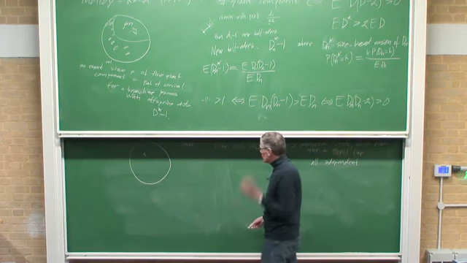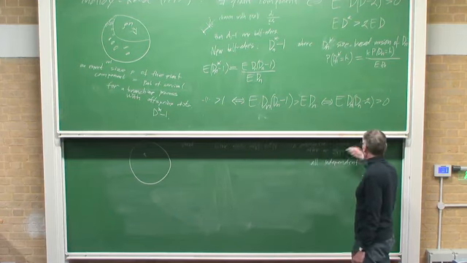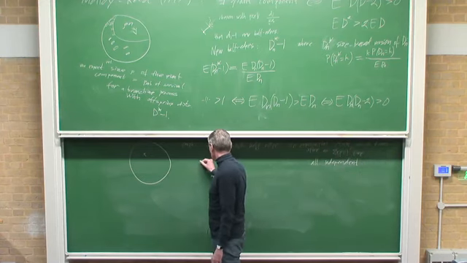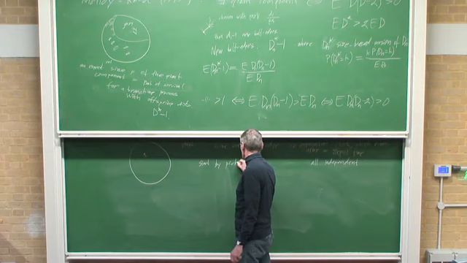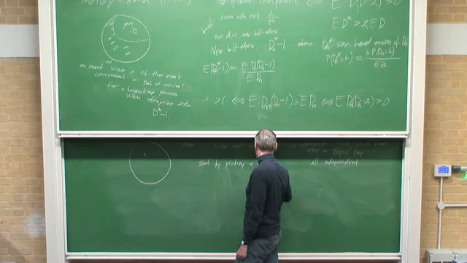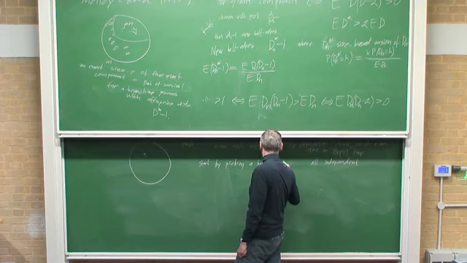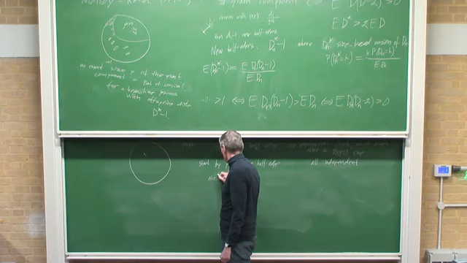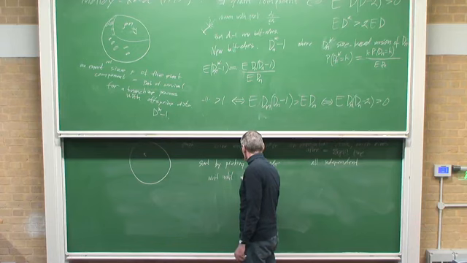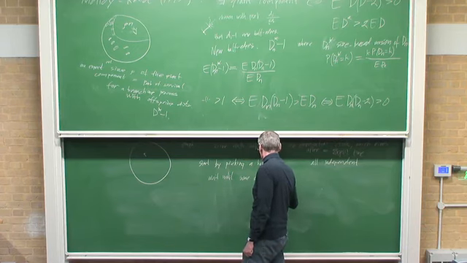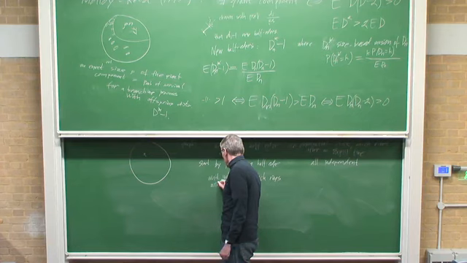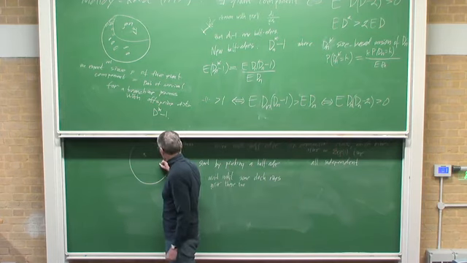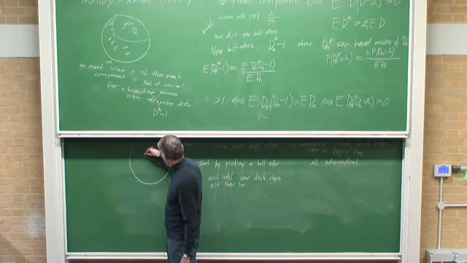The way to do that is that we just wait until the next clock rings. So start by picking a half edge. Now wait until some clock rings, and pair these two half edges. So this half edge's alarm rings, and then we join these two.